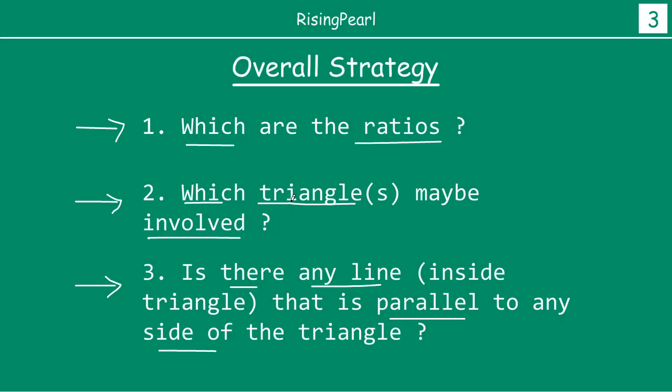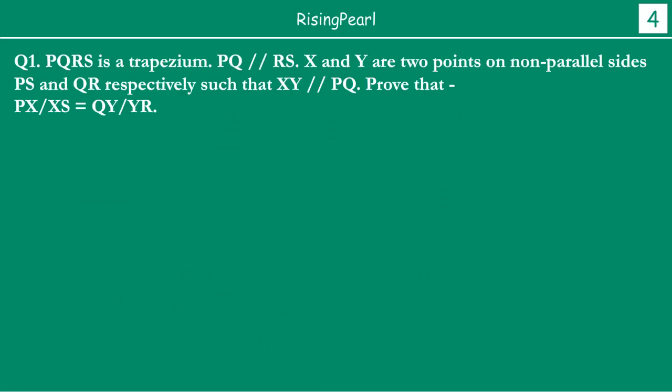Second theorem and third theorem, even basic proportionality theorem, they are all talking in the context of a triangle. Not a square, rectangle, quadrilateral, or anything. They are all talking about triangle, and there is always a line which is parallel to one side, and if that is the case, it divides the other two sides in the same ratio. Now, having said all that, let's take a look at some real questions.